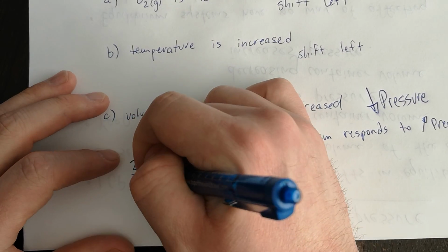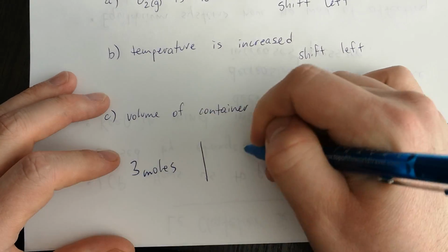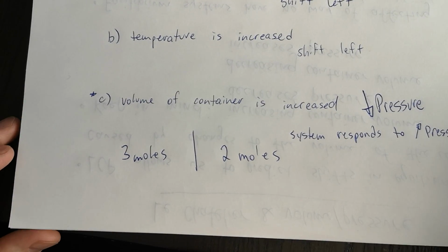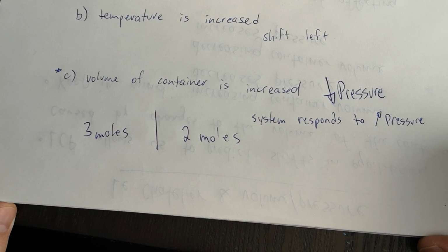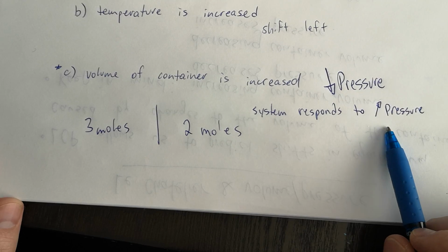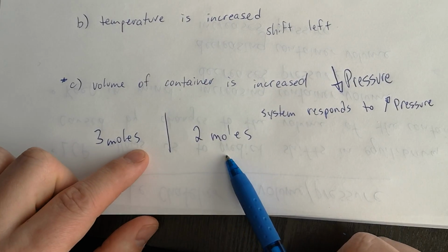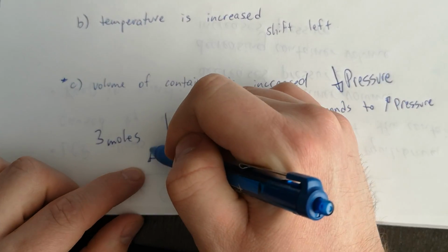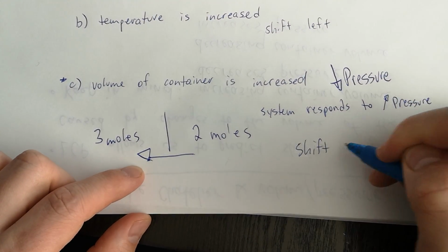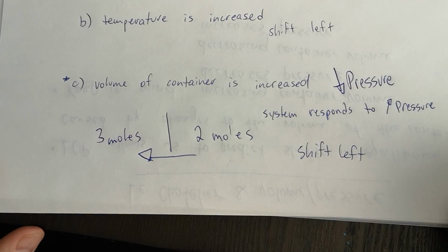I'm going to write that down. 3 moles on the left, 2 moles on the right. Again, you only care about gas. More gas means more pressure. So if the system wants more pressure, it's going to shift to what side? To the left. And I'll discuss that a little bit more.